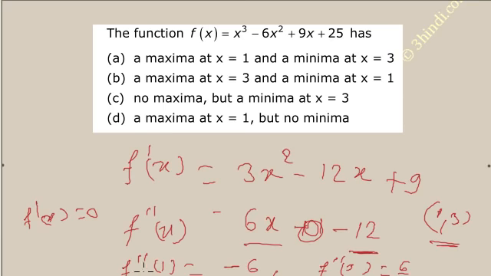So f double dash 1 is negative and f double dash 3 is positive. So at point x equal to 1 it is maxima, and at point 3, f is minima. So maxima and minima, this is the correct answer.